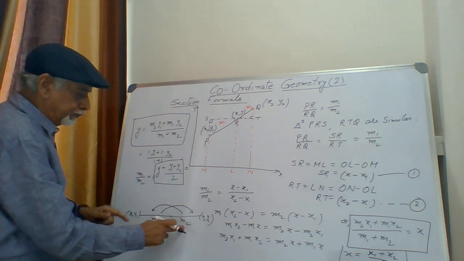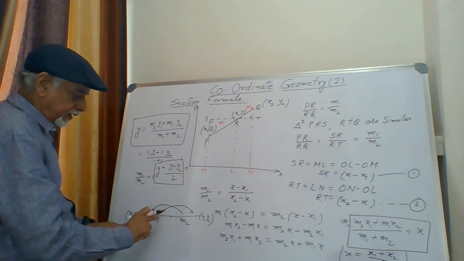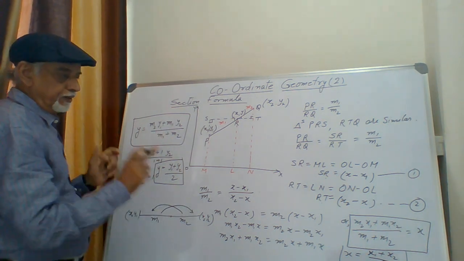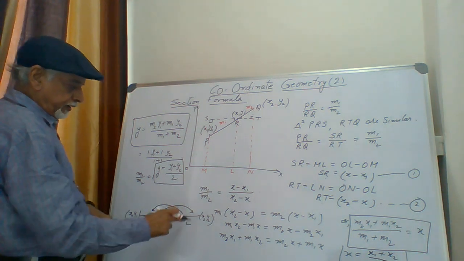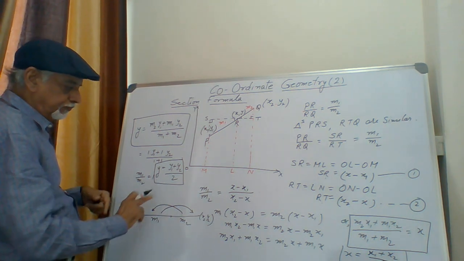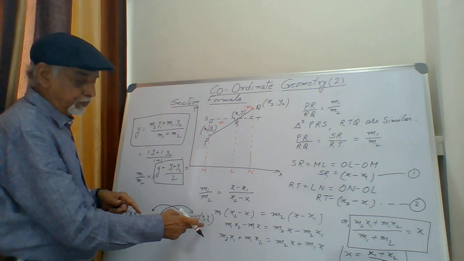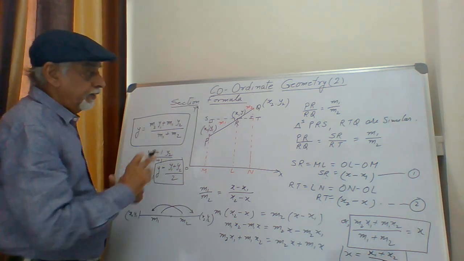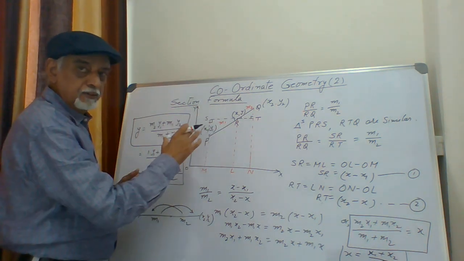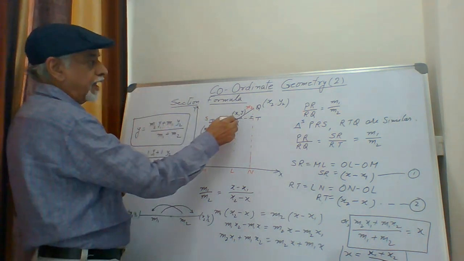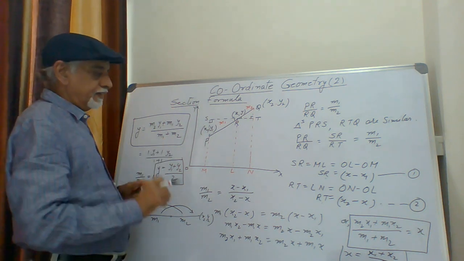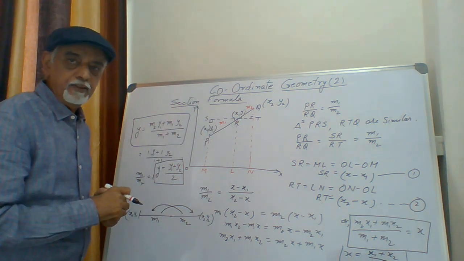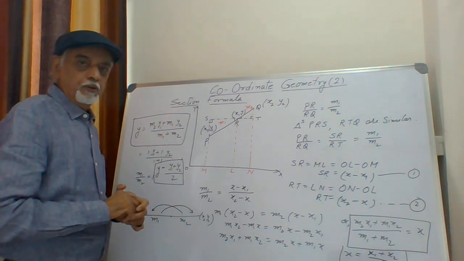So it is always M2 multiplied with x1 plus M1 multiplied with x2 divided by M1 plus M2. Similarly, for the y coordinate, M2 multiplied with y1 plus M1 multiplied with y2 divided by M1 plus M2. Division is always the sum. This is if it is internal. It may happen that the point R is external. In that case, the sign will become negative. It will be minus, right? I hope you understand this.